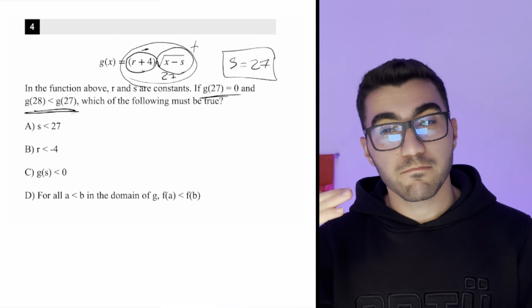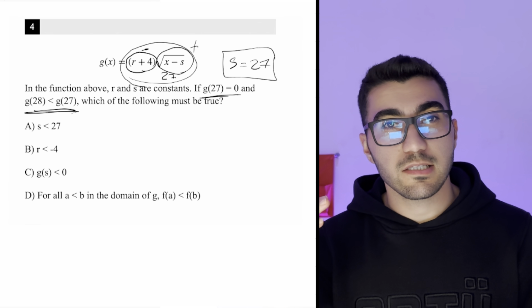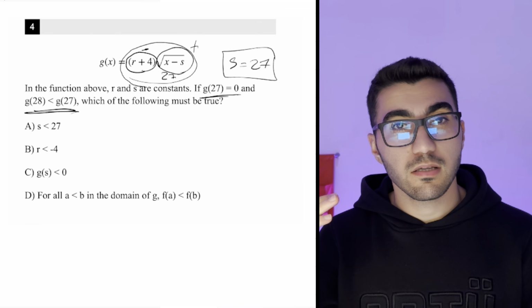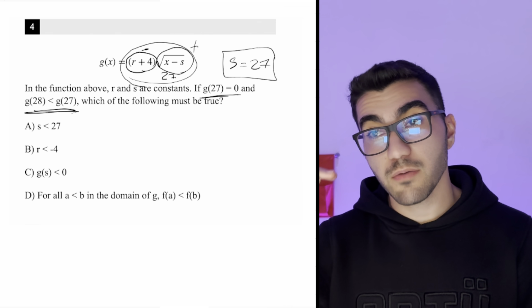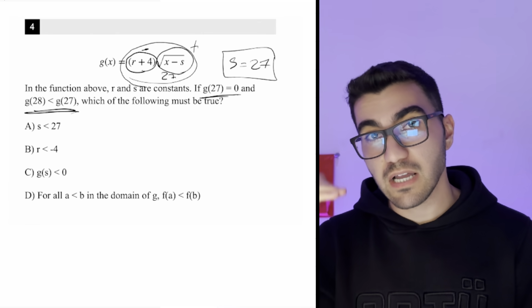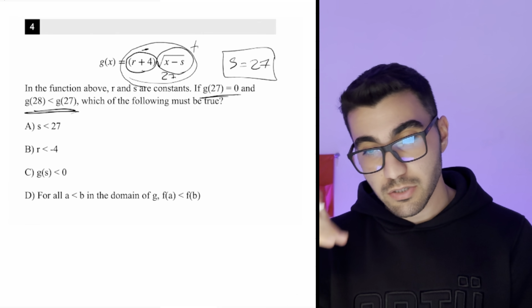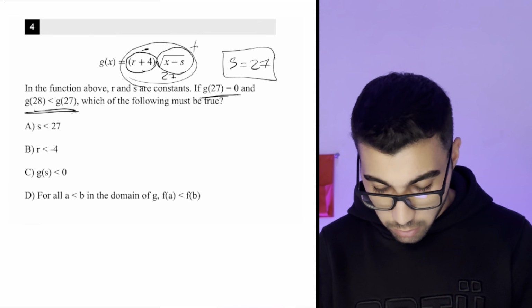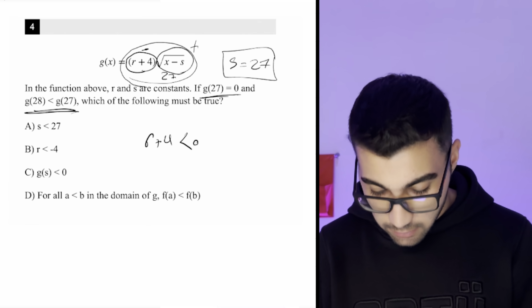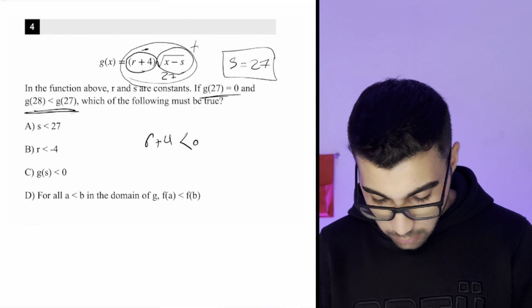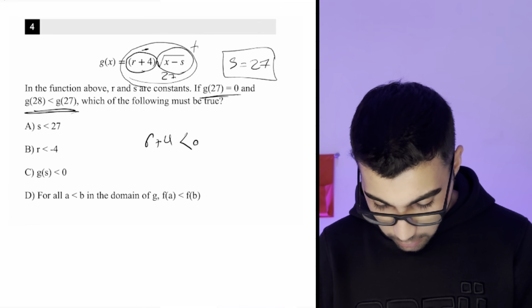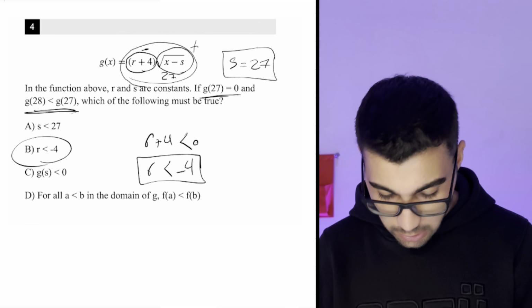Let's say g of 28 is -10 and g of 27 is -9. When you go right, the number increases, but because it's negative, the value decreases. That's how we get a decreasing function here. So r plus 4 should be a negative number, which means r should be less than -4, which is going to be choice B.